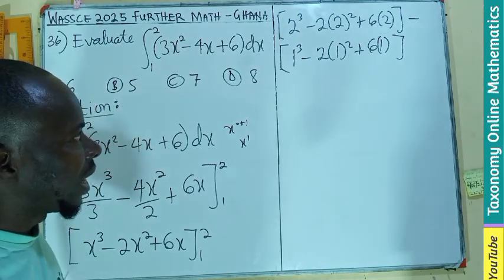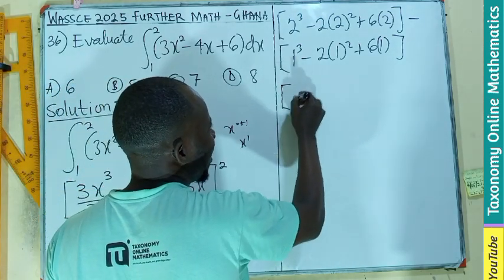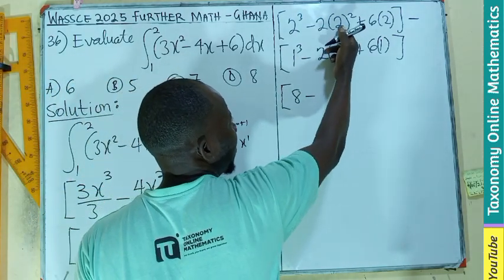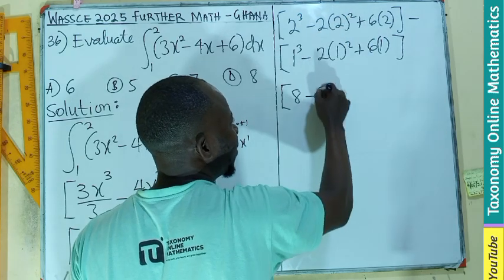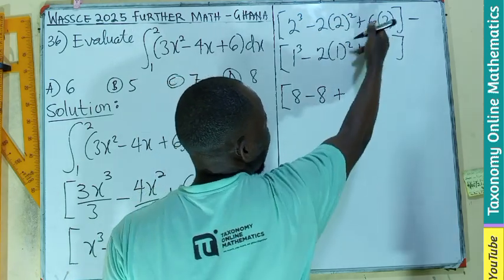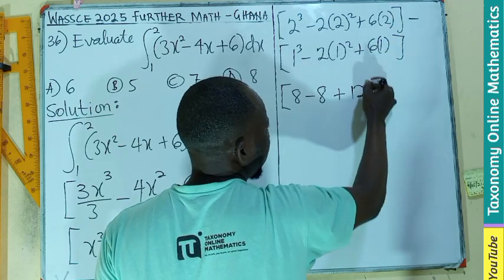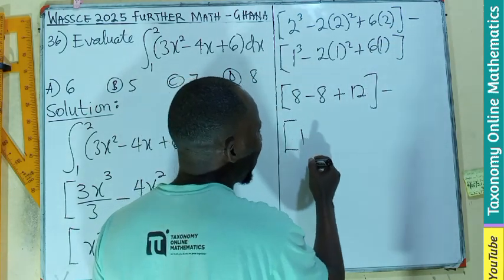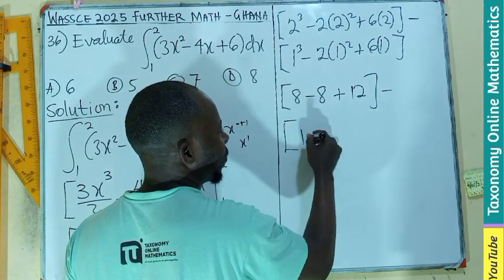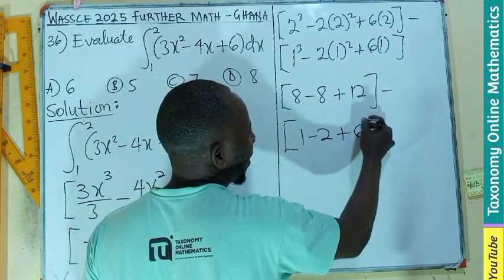In the first bracket, I should be having 8 minus, this is going to be 2 times 2, 4, 4 times 2, 8, plus 12, which is 12, minus, this will still give you 1 times this, minus 2, plus 6.